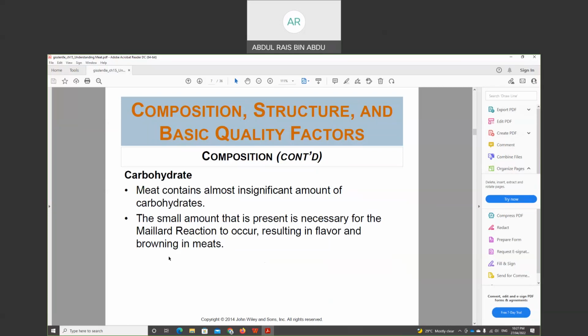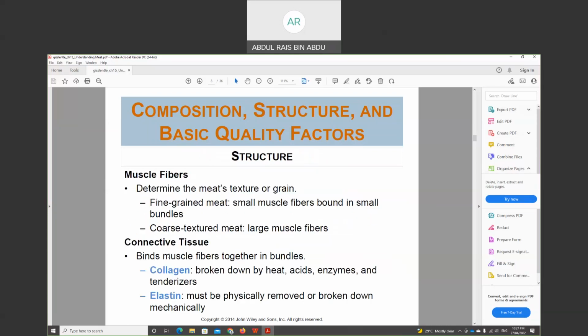The structure of the meat, first of all, it consists of muscle fiber. Okay, this determines the meat's texture or grain. Fine grain meat biasanya dia kata kat sini, it's a small muscle fiber bound in small bundles, while coarse texture meat, dia punya muscle fiber is much larger.